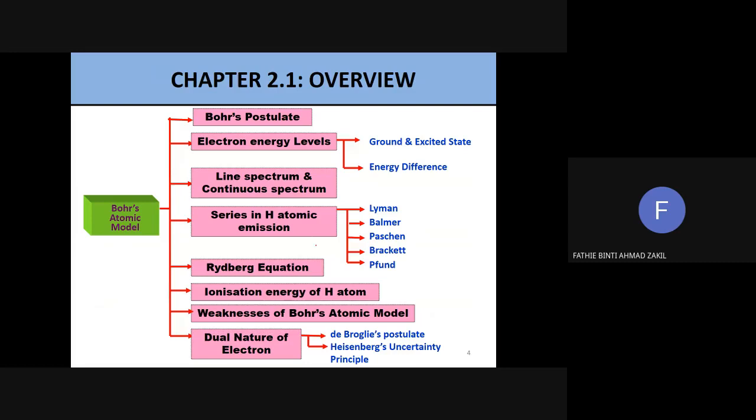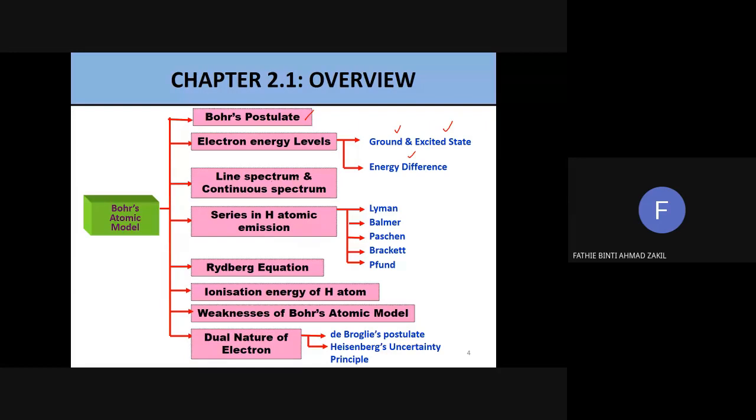Okay, so yang ni adalah sedikit overview mengenai chapter 2.1. First, you akan belajar berkenaan dengan Bohr postulate. Ada banyak step Bohr postulate. Then electron energy levels, kita boleh divide kepada dua: ground state and excited state. We should be able to differentiate apa itu ground state dengan excited state. And second one is about energy difference.